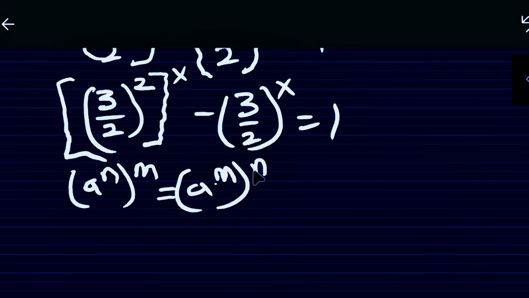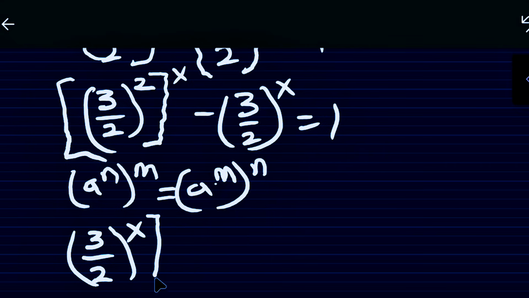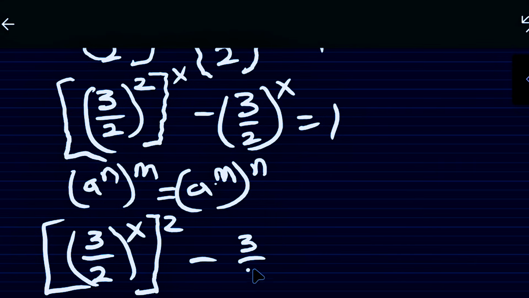Okay, so if we do same here, we are going to have 3 divided by 2 all exponent x, then we'll introduce our square bracket, then squared. All we did here was to exchange this exponent here. Okay, x comes inside, 2 goes outside, then minus 3 divided by 2 all exponent x, and this equals 1.